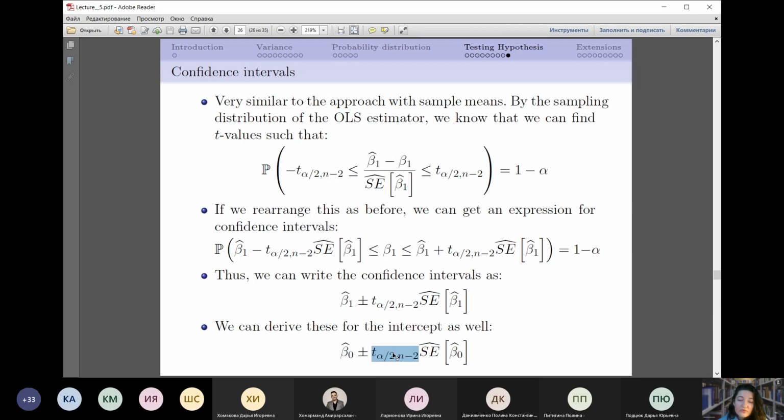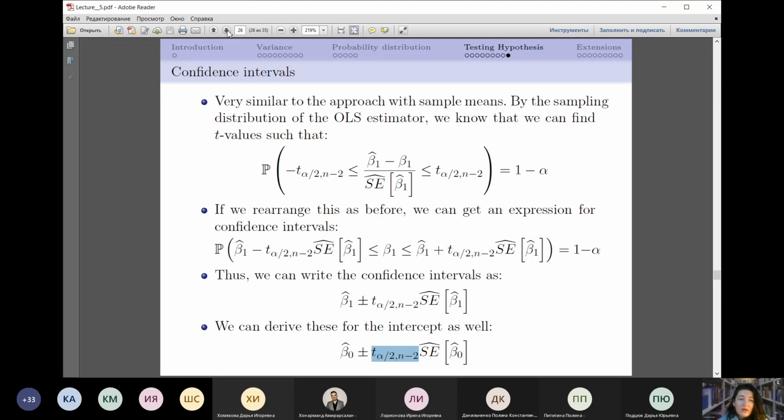Do you remember? 1.96, yes. You can find this value of the t statistic in the statistical tables of the t distribution. I hope that you remember this.